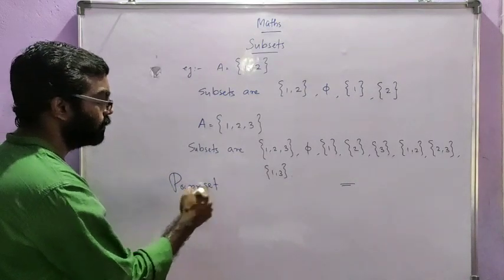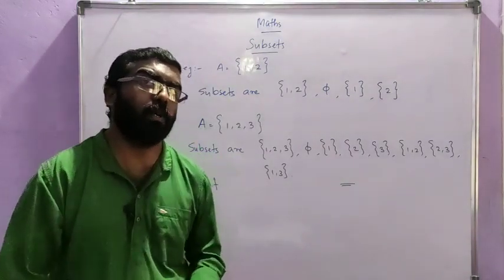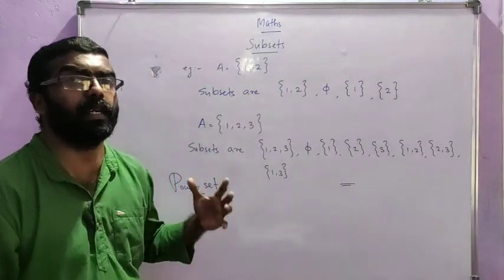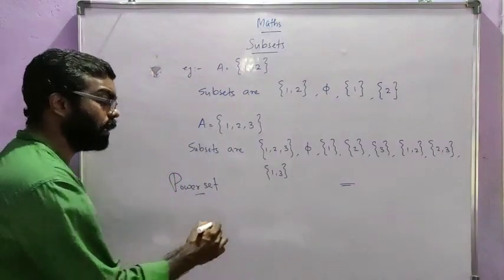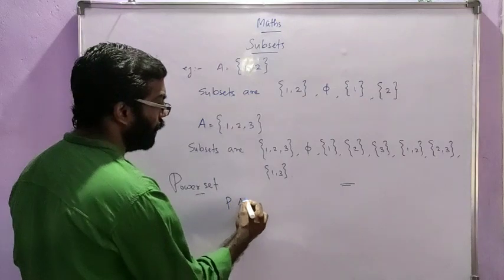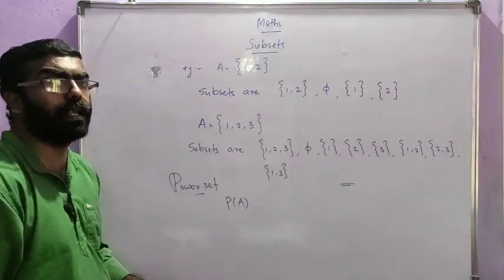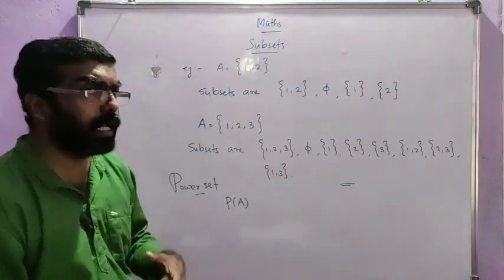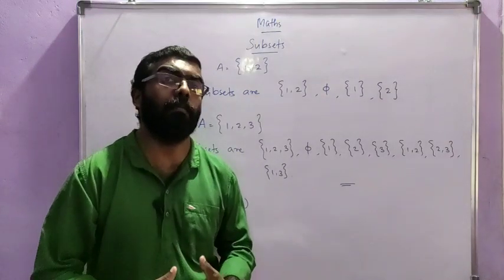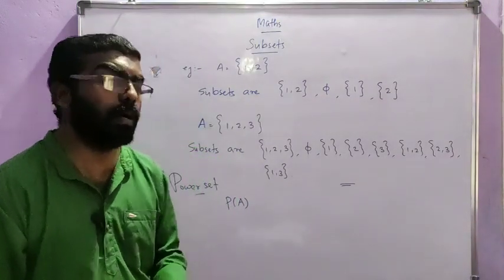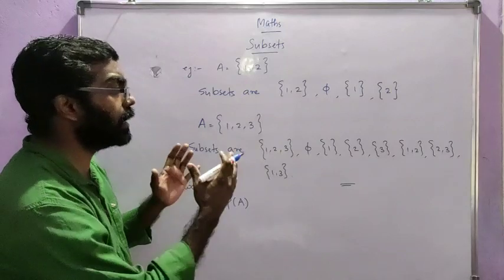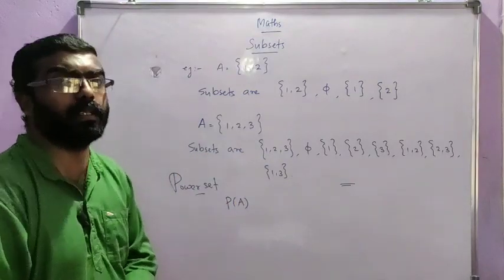Power set. The collection of all the subsets of a set A is known as the power set of A, and it is denoted by P of A. One more important thing is, in a power set each element is a set, because we take the collection of all subsets.